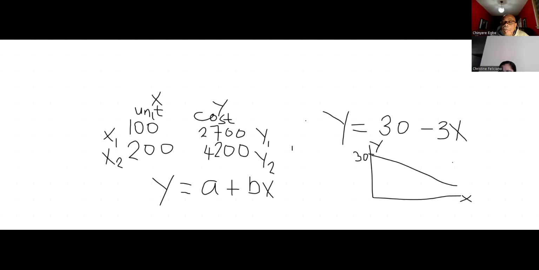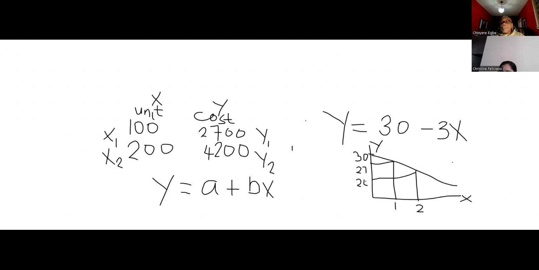So when x is 1, y is 30 minus 3 times 1, which is 27. When x is 2, y is 30 minus 3 times 2, which is 30 minus 6, and so we have 24.